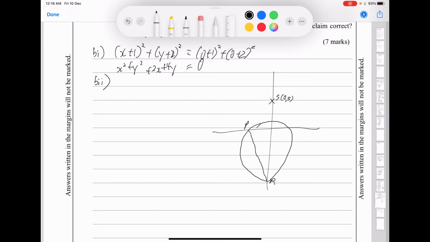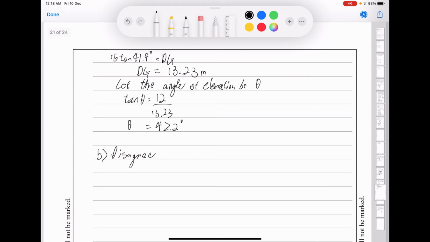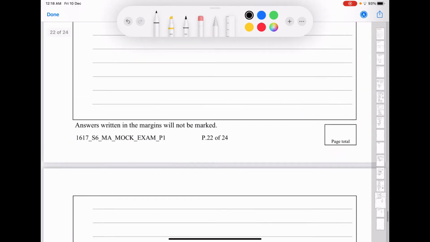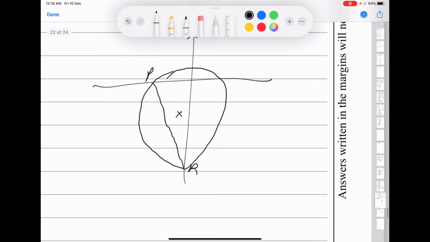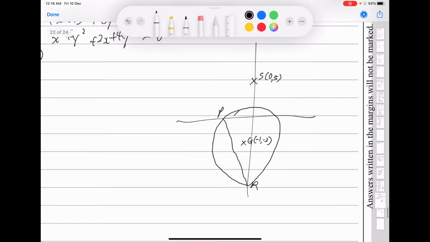So, G is here, in the middle. It is the center of the circle. Okay, let's draw two tangents.